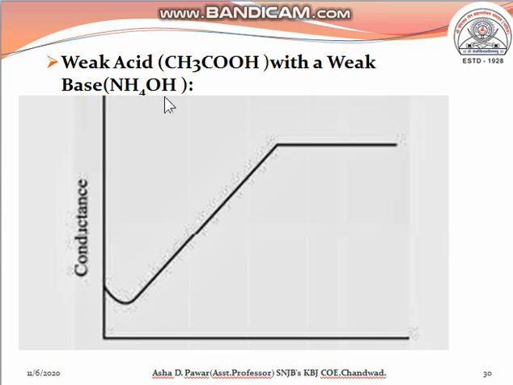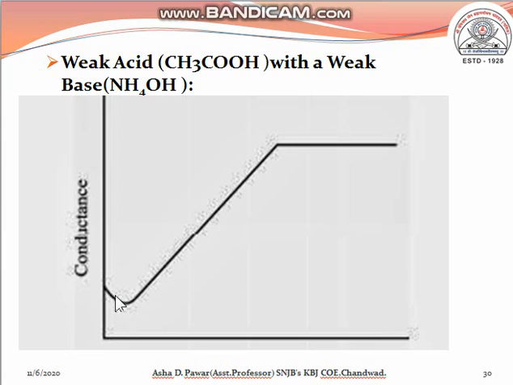So if we take these two electrolytes, one in beaker and one in burette, consider here the ammonium hydroxide taken in burette and acetic acid taken in beaker, and we use the conductivity meter and conductivity cell for the conductance measurement. So what happened at the initial stage? Conductance slightly decreases due to the formation of ammonium acetate.